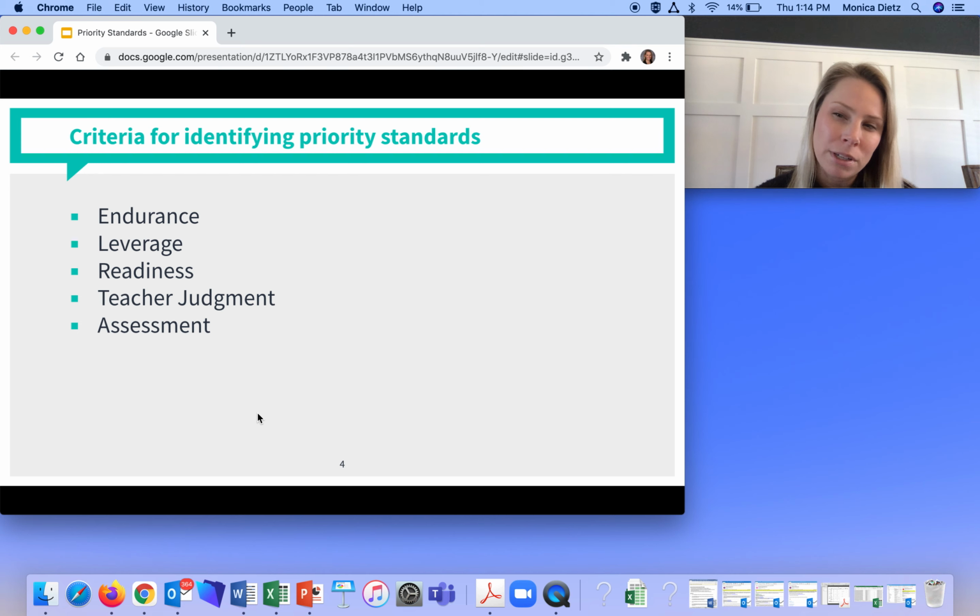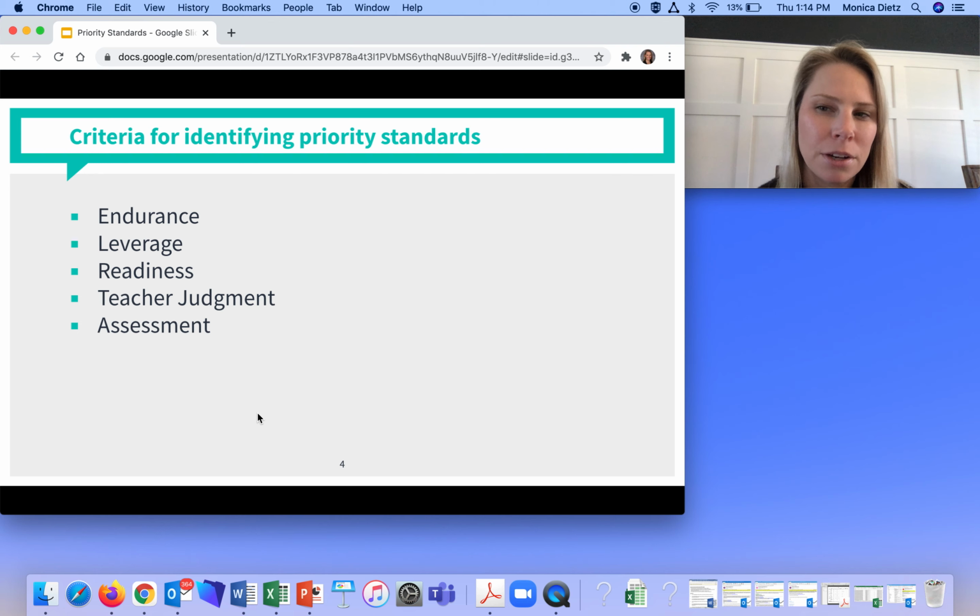The way we prioritized our standards was we had about 10 educators that were focused in kindergarten to second grade, and they met and collaborated deciding what those will be. We'll give more information on that later. But the guidance we used was published in A School Leader's Guide to Standards-Based Grading.